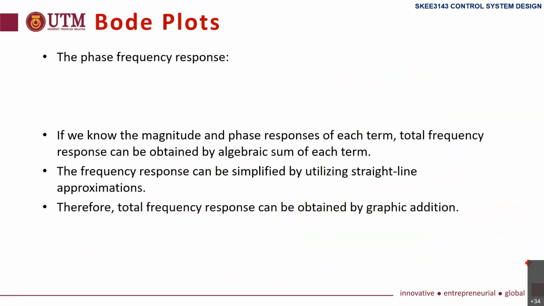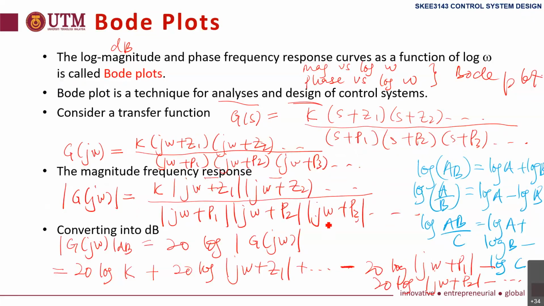Then we also need to find the phase frequency response. We take the phase of this, and we know that for phase angle, when we multiply, we add the angles. When we divide, we subtract the angles.